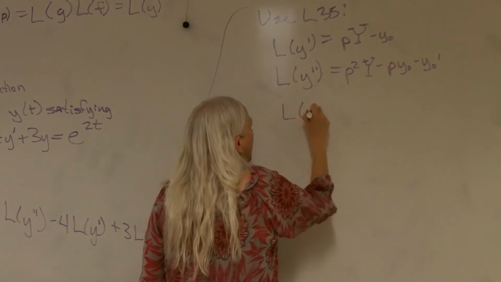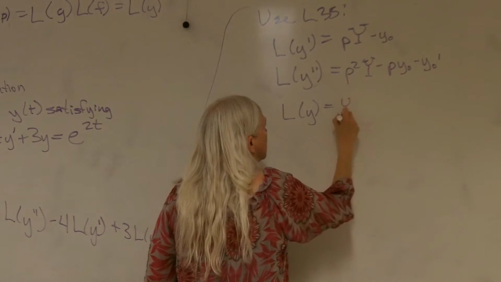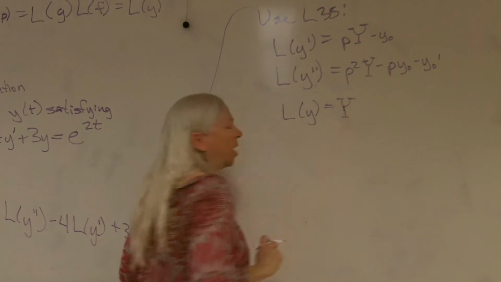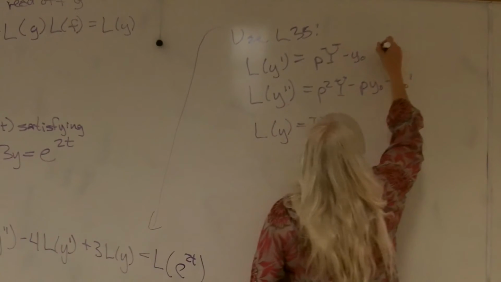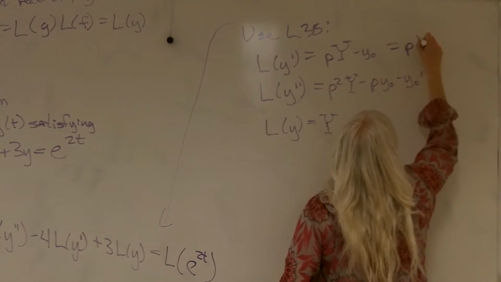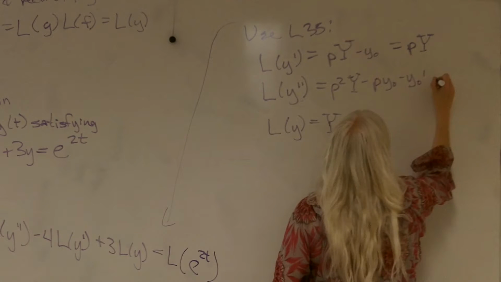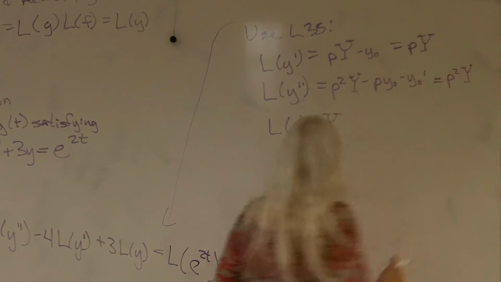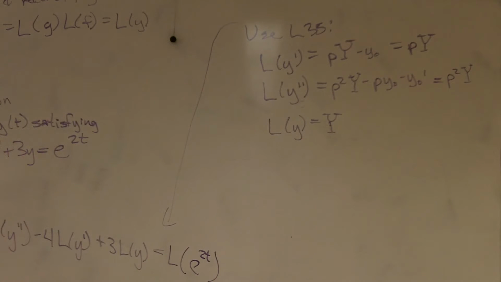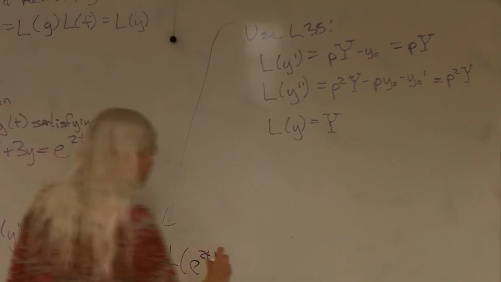And capital Y, remember, is shorthand notation for the Laplace transform of little y. Well, in our case, y(0) and y prime(0) are both 0. So the Laplace transform of y prime is just p times capital Y, and the Laplace transform of y double prime is just p squared times capital Y. Okay, so we're going to substitute all of those into the ordinary differential equation.